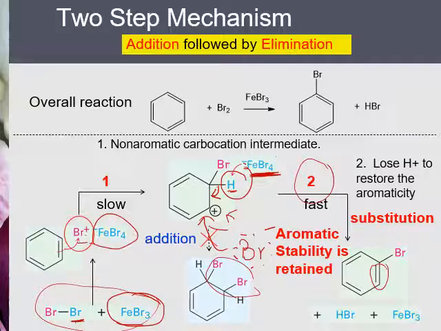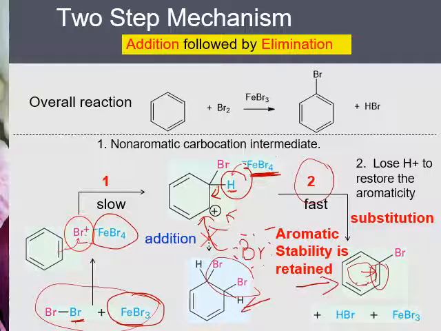The reason is that by forming a pi bond, the product becomes aromatic again. The reaction resumes aromaticity, and the aromatic compound is a stable compound, so thermodynamically it's more favorable to go this way than to go to a compound with two double bonds.